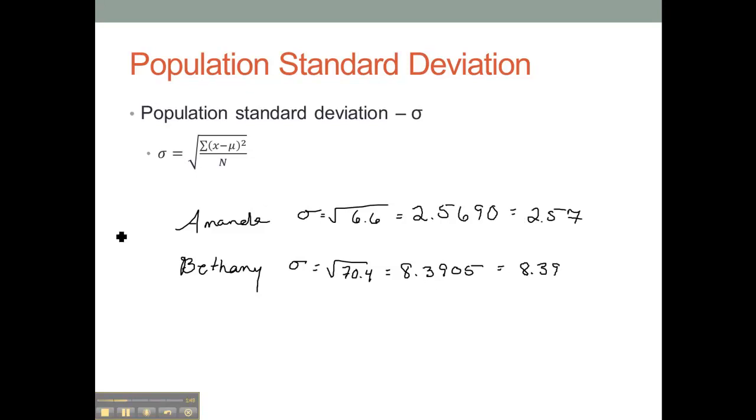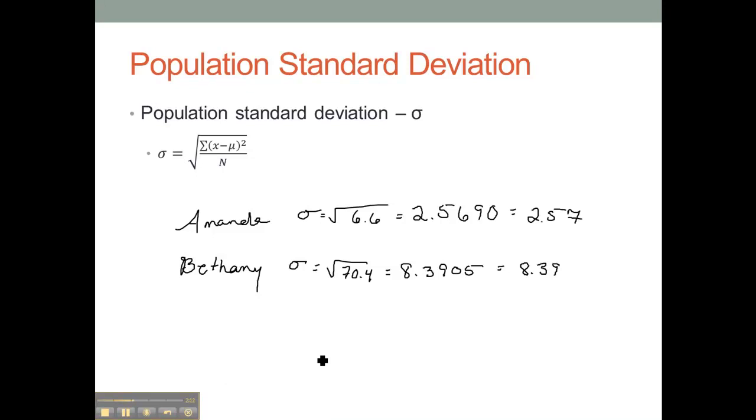Yep, on average, she varies about 2.57 minutes away from her mean. So she's very consistent. Bethany, on the other hand, varies about 8.39 minutes compared to her mean. So Amanda's the more consistent delivery girl.